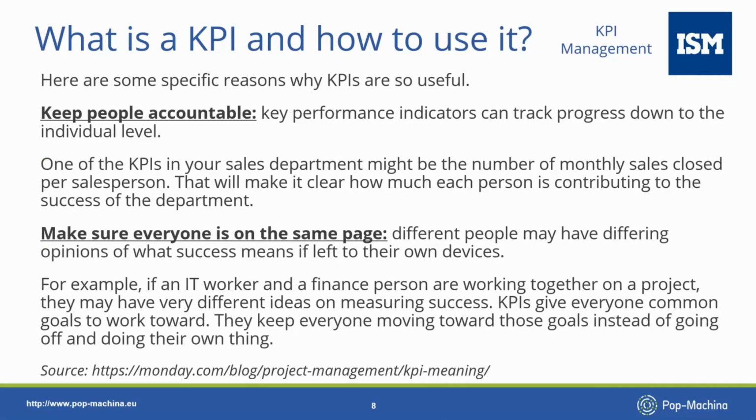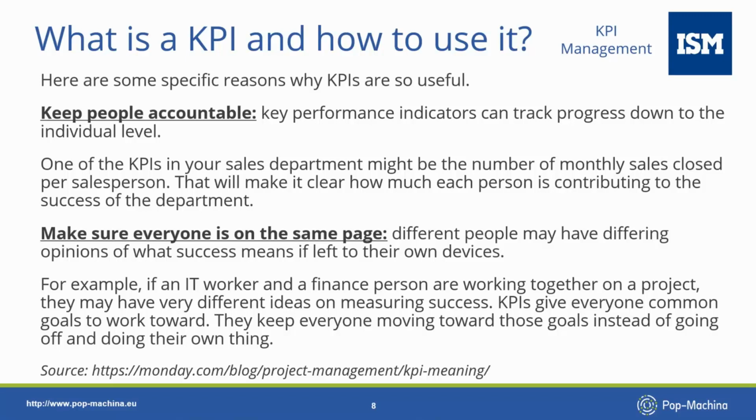Here are some specific reasons why KPIs are so useful. Key performance indicators can track progress down to the individual level. It is very interesting because, for example, one of the KPIs in your sales department might be the number of monthly sales closed per salesperson.